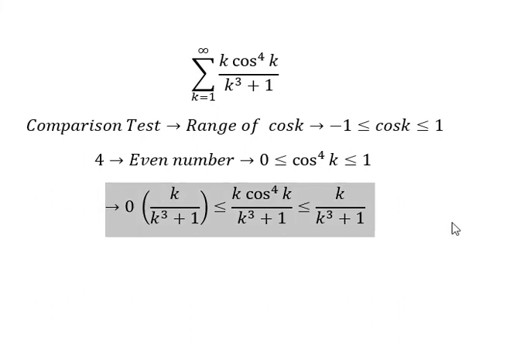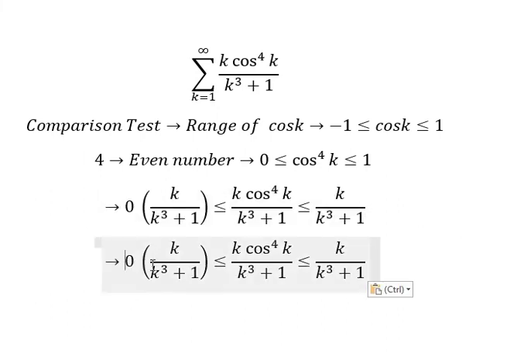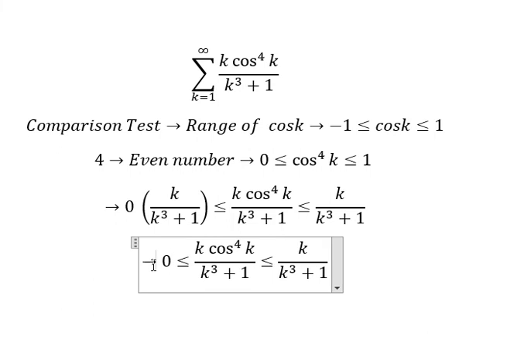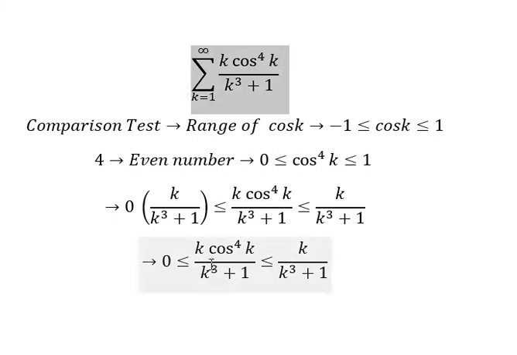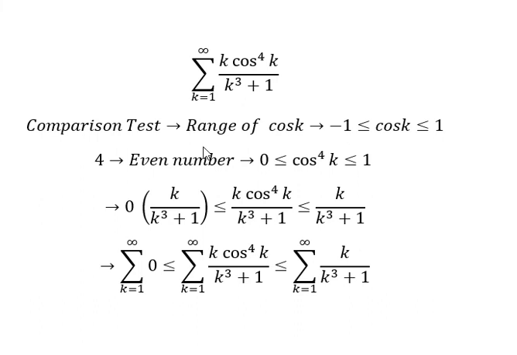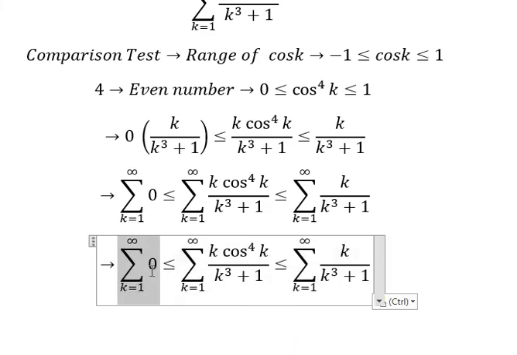Now, we can simplify this and we have 0. And now we can put the summation on both sides in here. So they will be like this. This one always equals 0.